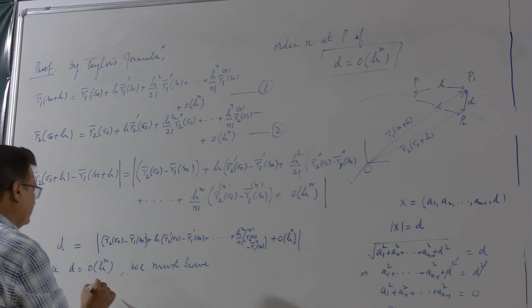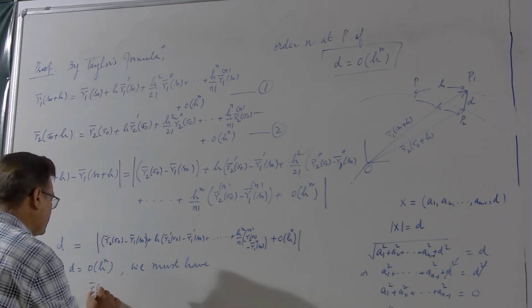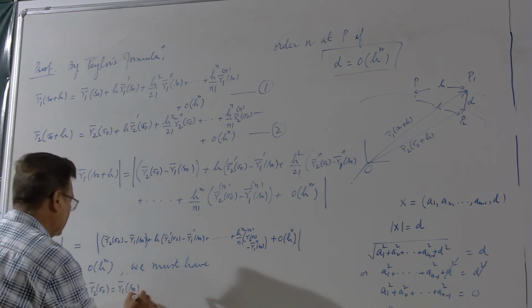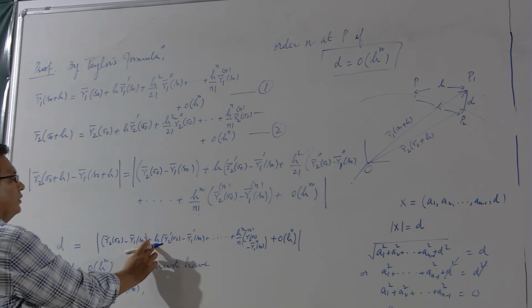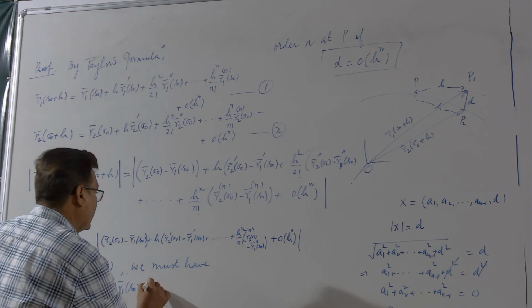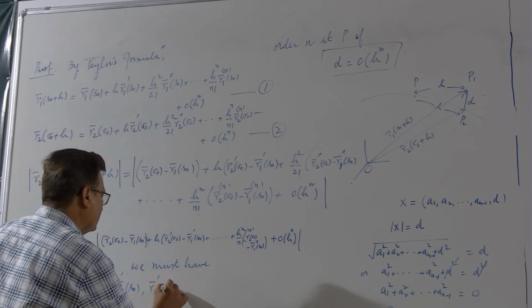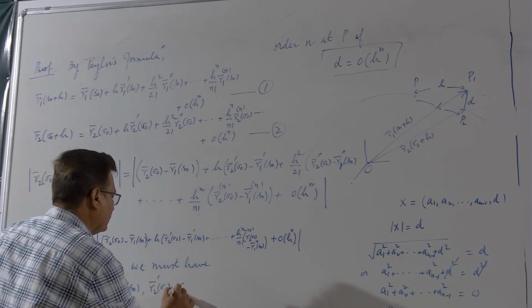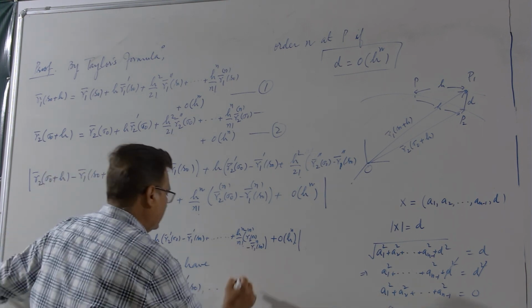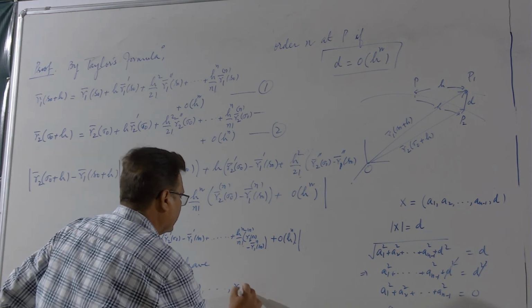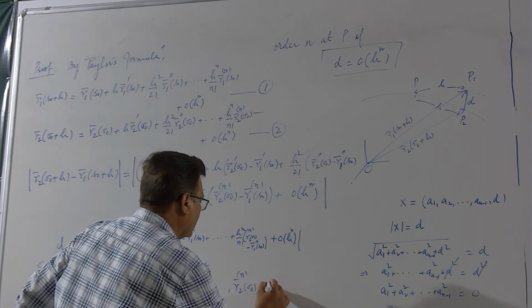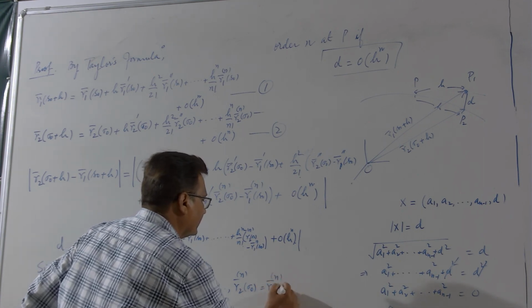We must have R2(σ0) equal to R1(S0). Similarly, since h is not 0, their derivatives must be 0: R2'(σ0) equal to R1'(S0), and up to here you will get their derivatives coinciding, up to the nth derivative at S0.